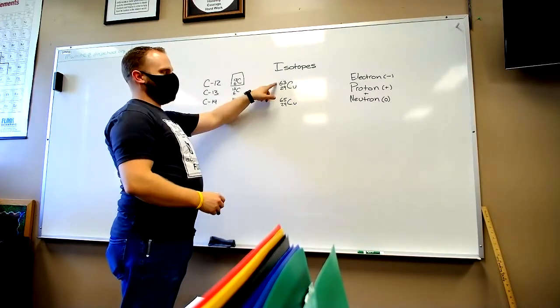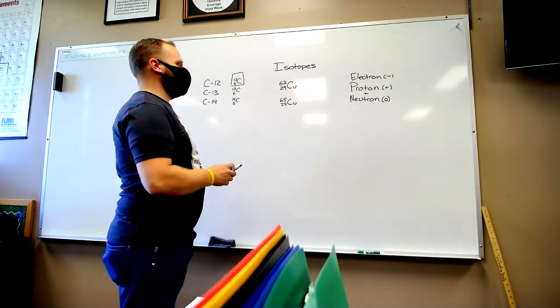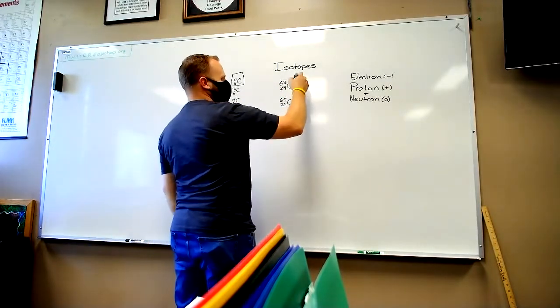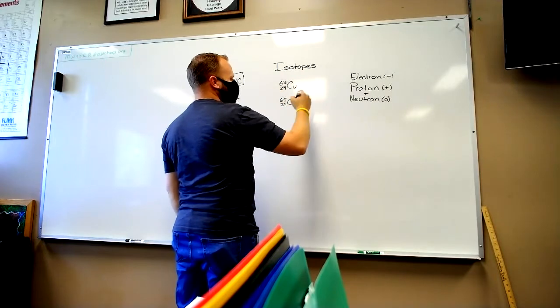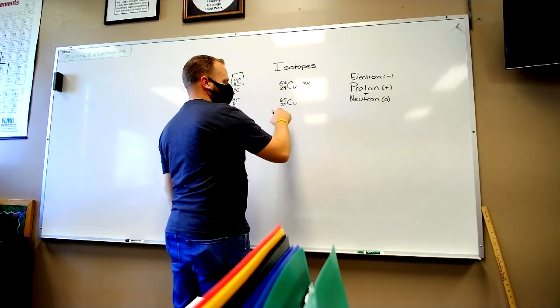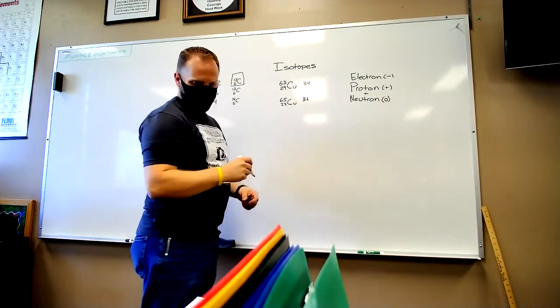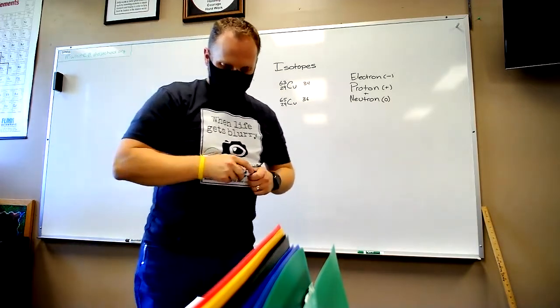All we have to do is take 63 minus 29. So the number of neutrons in copper 63 is 34. Copper 65, that's 36.